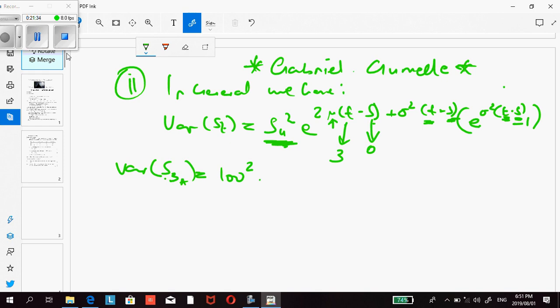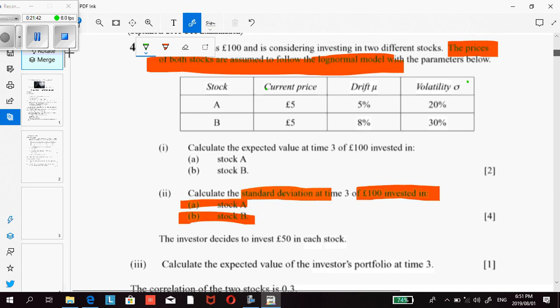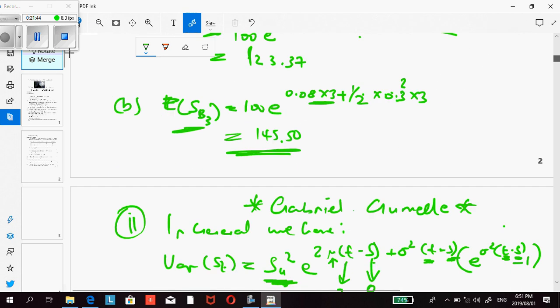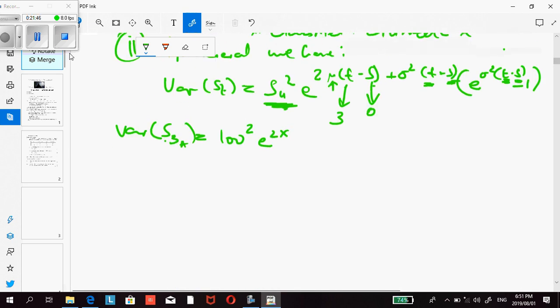And I'm going to multiply this by e to the power of 2 times your mu for stock A, which you are given in the question, is 5%, which is 0.05. Don't forget to multiply by 3, this part here, final minus initial. Time is always the tricky part of these types of questions.